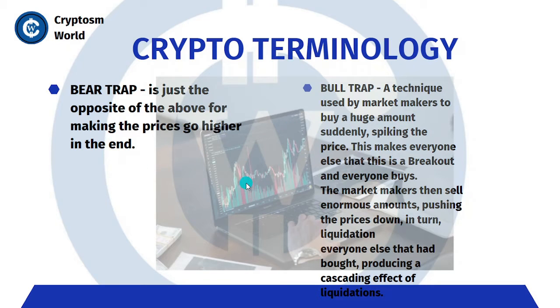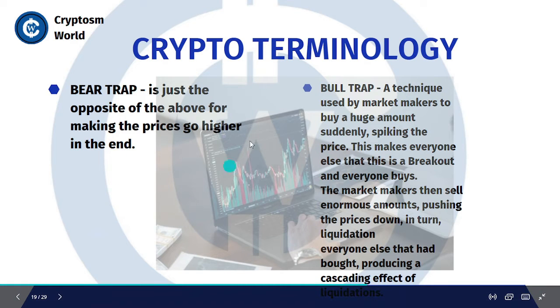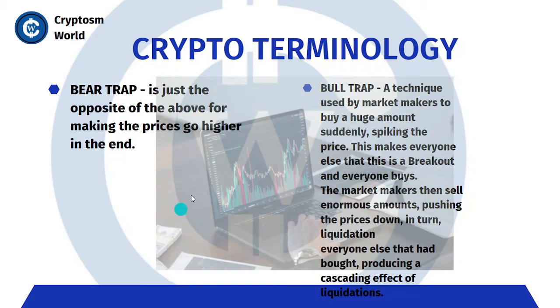When you say this is a bull trap, it means the price seems like it's going up, but the market maker buys a huge amount of the asset to suddenly spike the price. Let's say we see a red candle going down, then we discover that someone has just bought a huge amount of the asset.